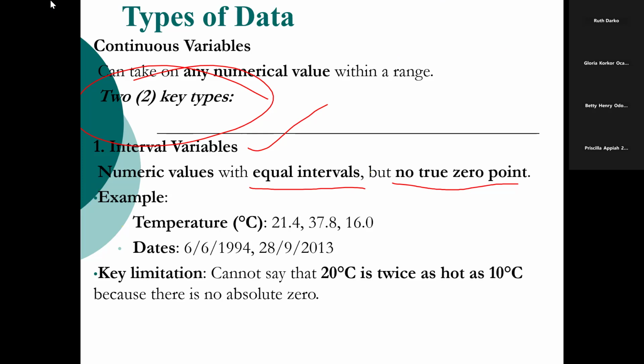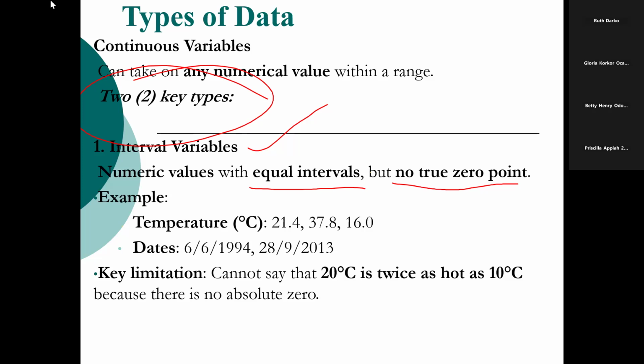So, for example, if I put 0 in front of age, what does it mean? 0 age, what does it mean? It would be difficult for you to tell me. So these are called interval variables.